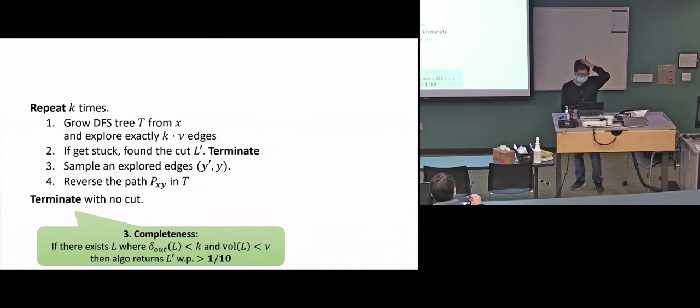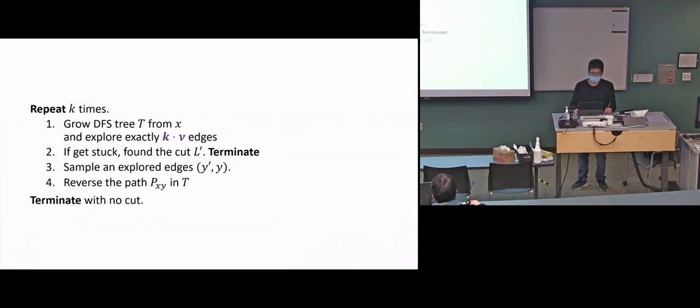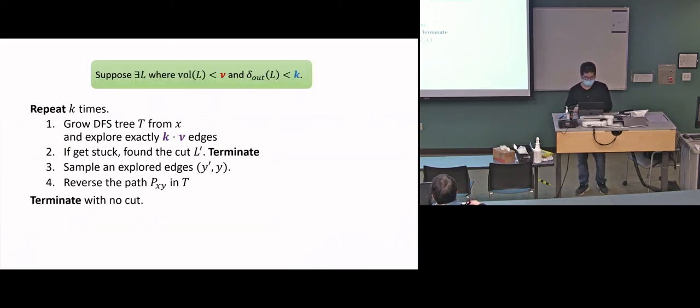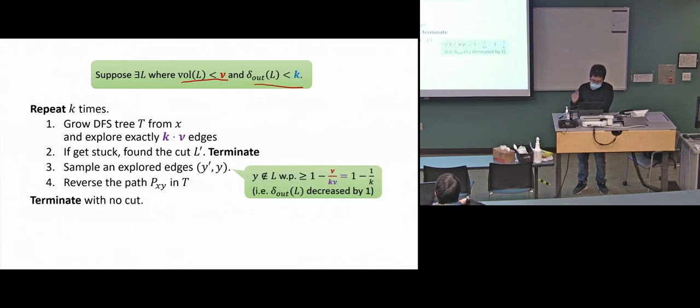Okay, so the last thing I need to say is that if L exists, then we will return some L prime. So look, L has volume less than nu and the cut is less than k.